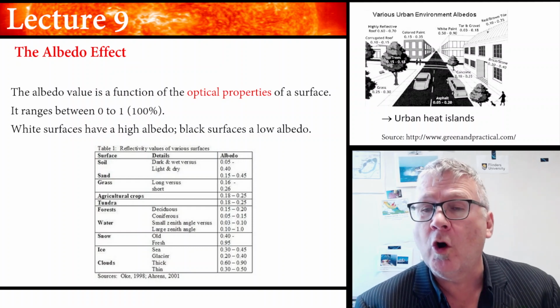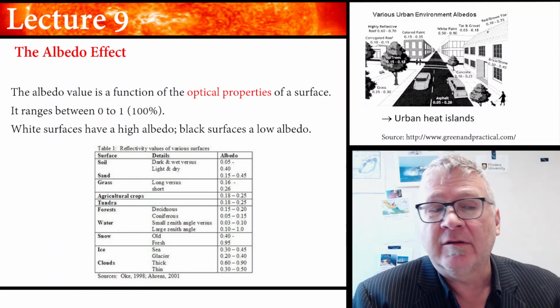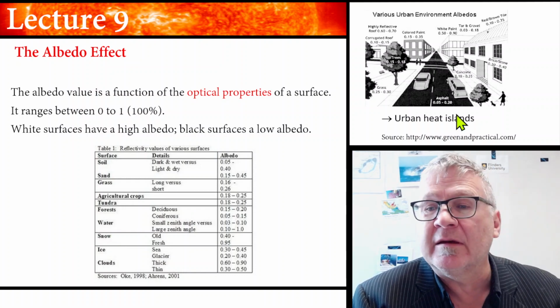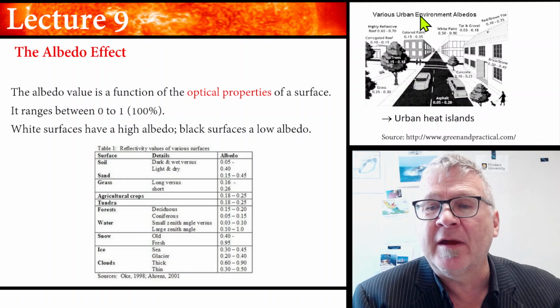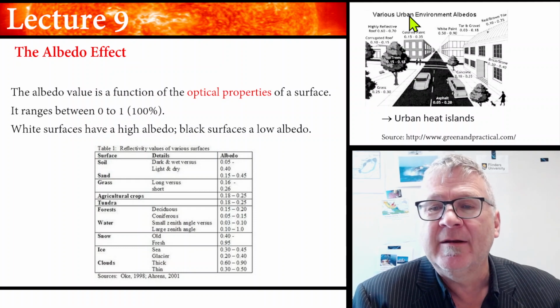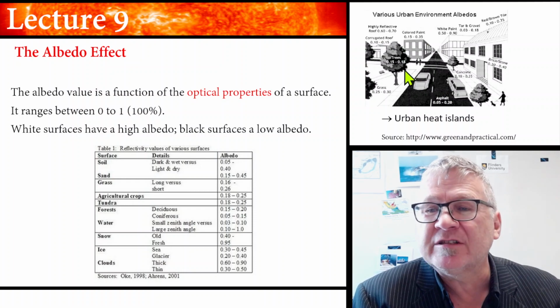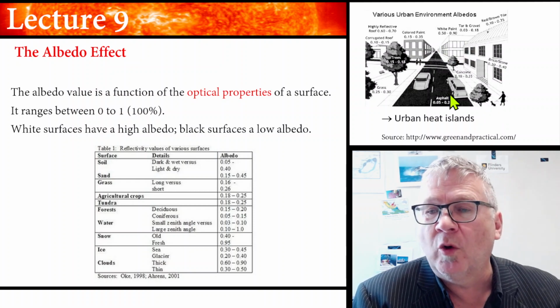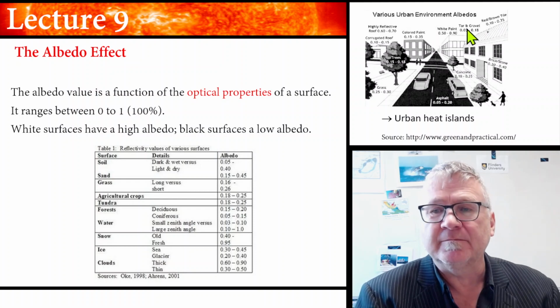It creates a warm environment. Look at that asphalt and compare with colored paint the values. You can see how much albedo can change over small spaces.